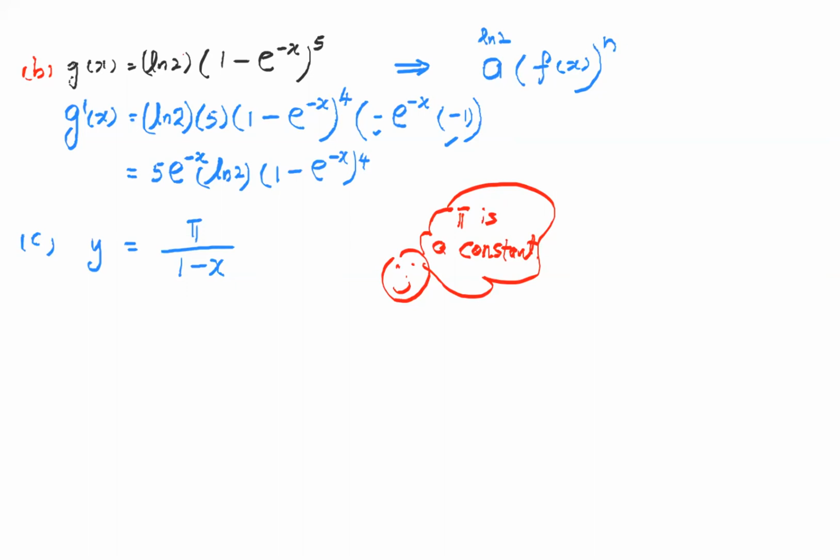So this one, okay, I will write down pi. Bring it up. Power negative 1. So I'm ready to use chain rule to find the slope function or gradient function. So dy dx, follow the rule, multiply by the power.